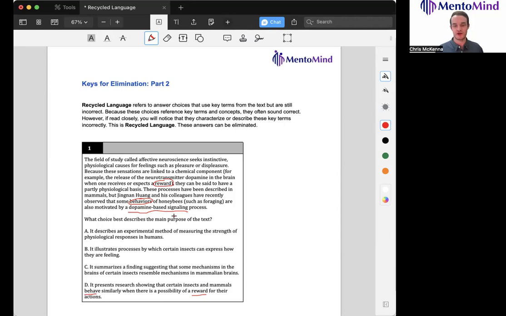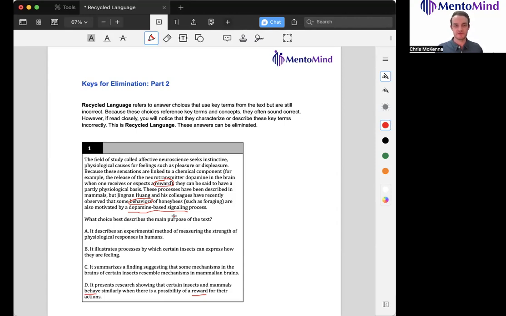We do not know how humans behave when they expect a reward. We only know that there's a dopamine process in the brain that's associated with this expectation. So again, no direct discussion of the behavior of humans, and also no comparison between the behavior of insects and humans when there is reward expectation.